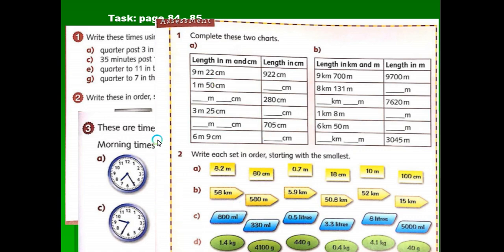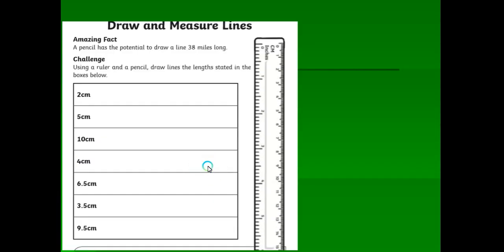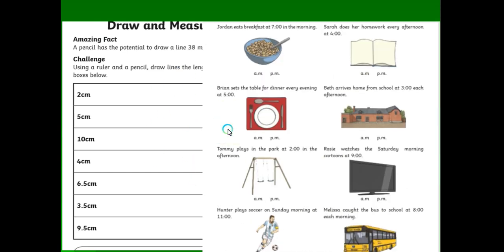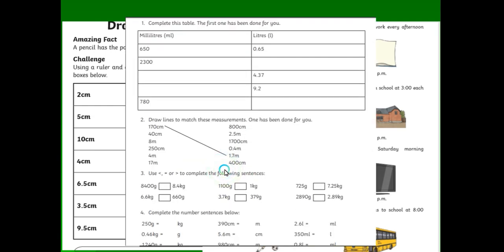All this is just for you to assess yourself based on what we have done in the week so far. I told you I have some activities that will be attached to Class Dojo. You can check Class Dojo out. You have different activities which can help you practice measurement in time, in kg, in liters, and in meters.